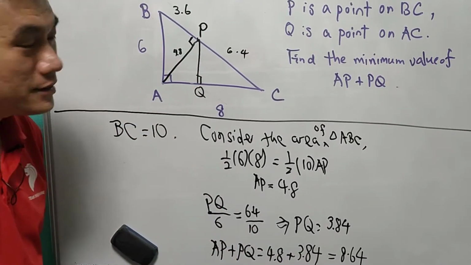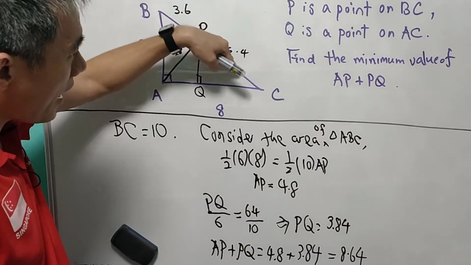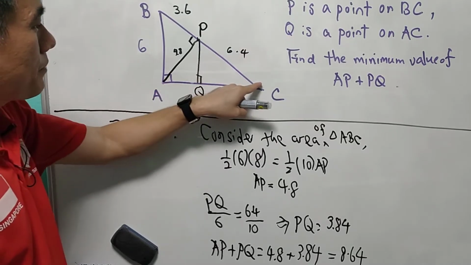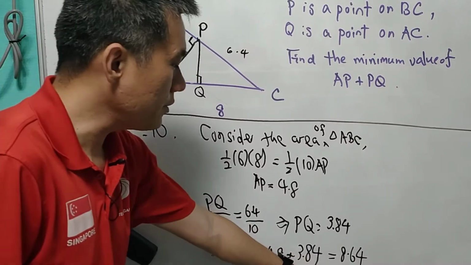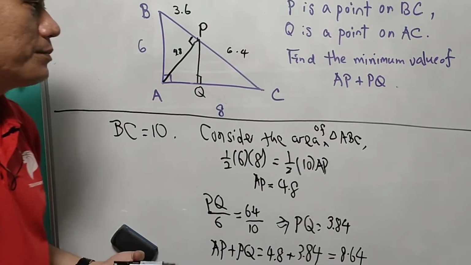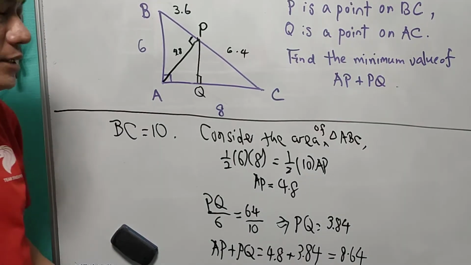It doesn't make sense because I can actually choose P to be as close as C. Then AP plus PQ will be very close to 8. But this value is a lot more than 8, and therefore it cannot be the minimum value of AP plus PQ. So there must be something wrong here.